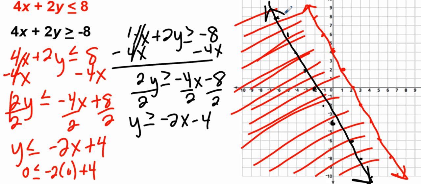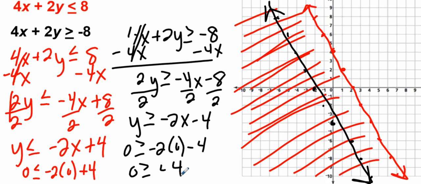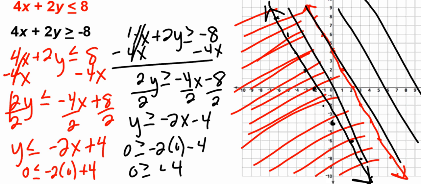It doesn't go through 0, 0, so 0 is greater than or equal to negative 2 times 0 minus 4. 0 is greater than or equal to negative 4, which is true. So I am going to shade the part above. So essentially, anything in between those 2 lines is a solution.